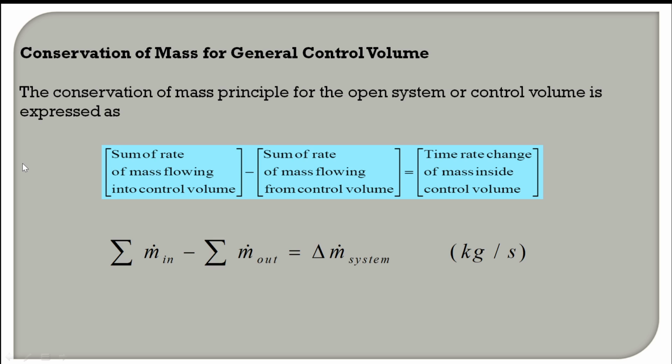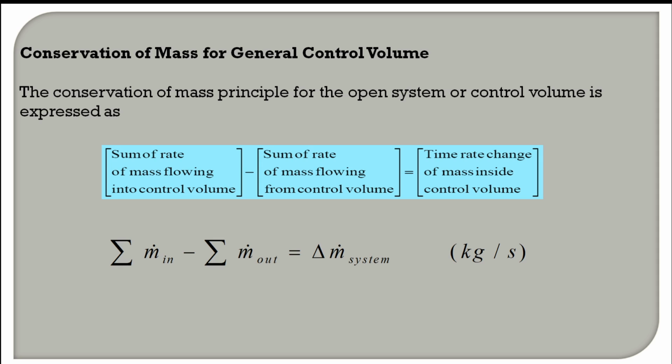Conservation of mass, if you look into it, you can write as the sum of rate of mass flowing into the control volume, open system, minus the sum of rate of mass flowing from the control volume. Some mass is flowing into the control volume and some is going out.